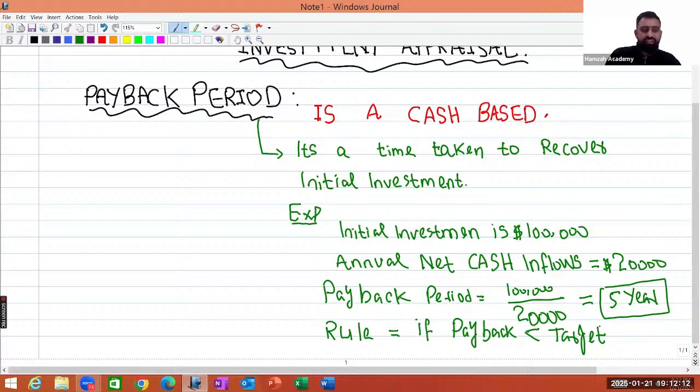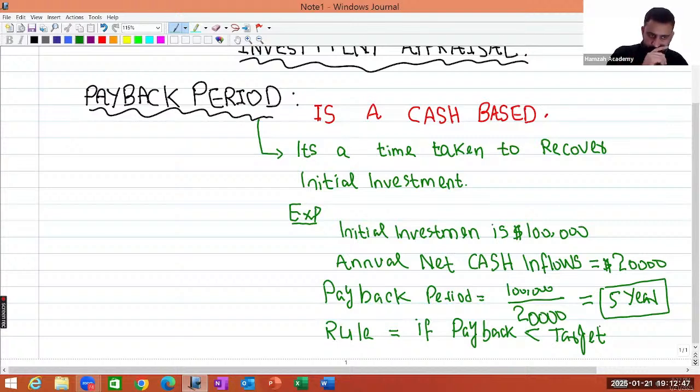Now, if company has set a target of 6 years and our project is going to take 5 years, then according to payback, obviously we are going to do that project. And if our payback period is 5 years and the target set by the company is 4 years, then we will not select the project. So if payback is less than the target, we will select it.